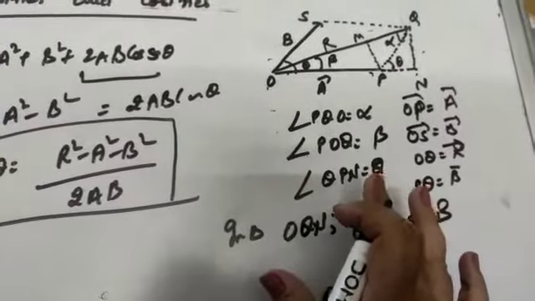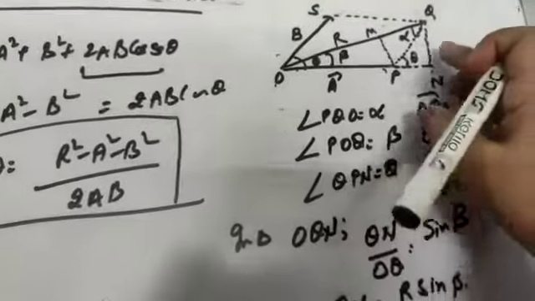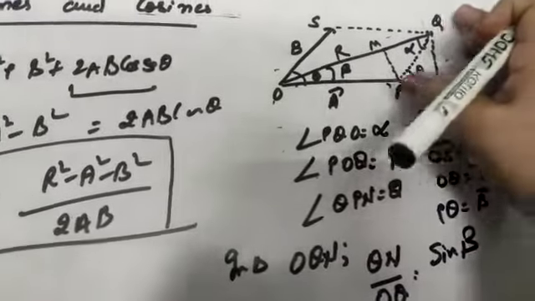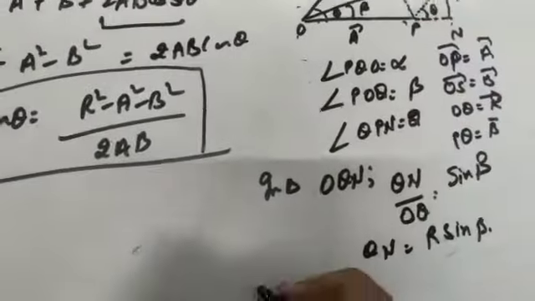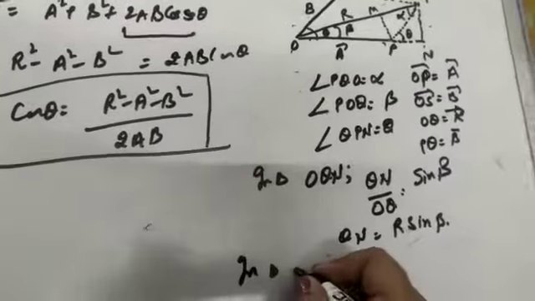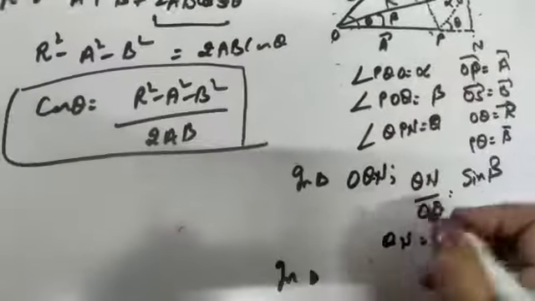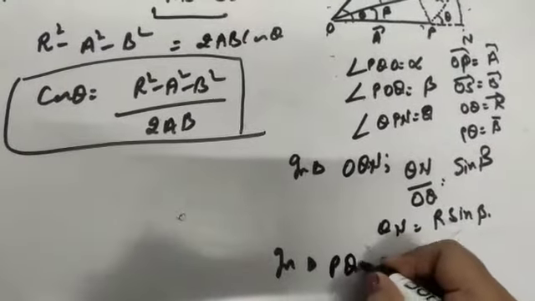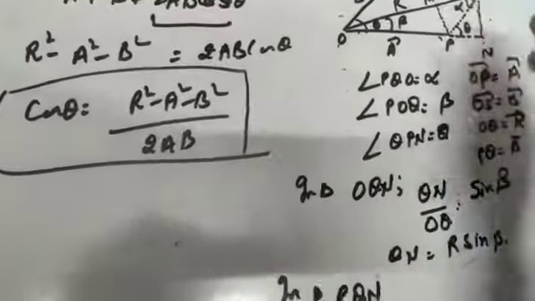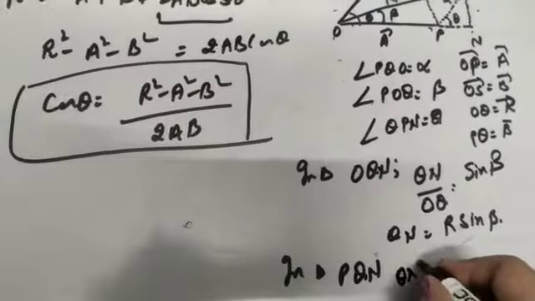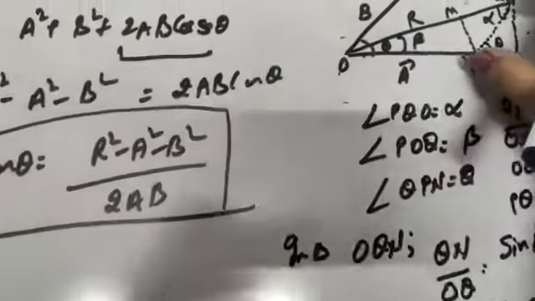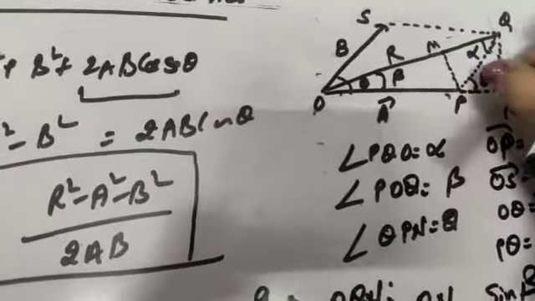Similarly, we want to calculate QN from the other triangle, PQN. QN is equal to PQ sine theta.